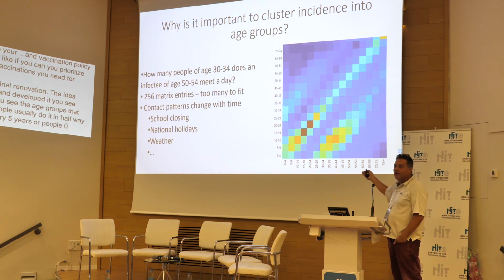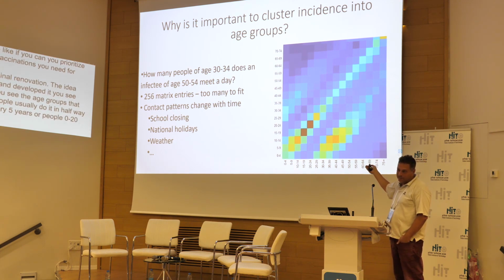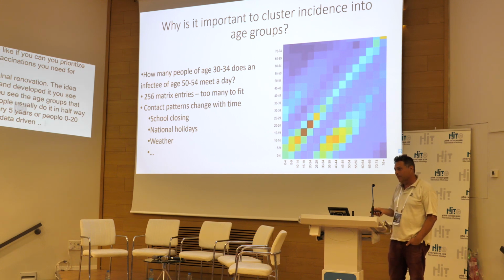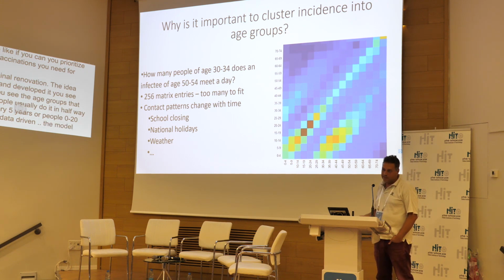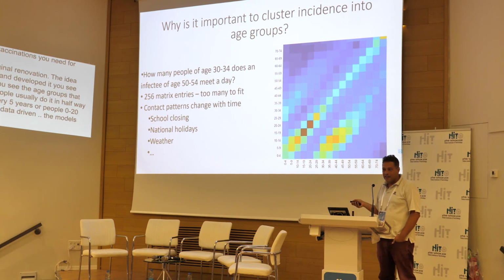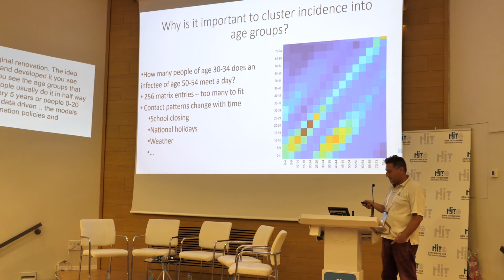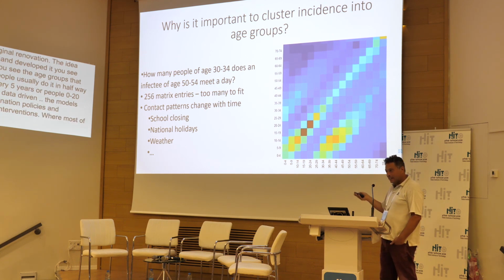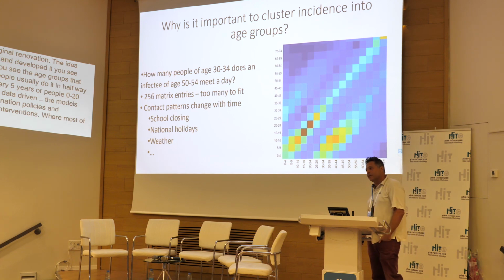And the idea here was exactly to do it data-driven in order to plug it into the SIR models and look at optimal vaccination policies, or at non-pharmaceutical interventions and see where, if you have these entries, you know where are most of the contacts, so you know where to intervene. Okay, that was exactly our motivation.